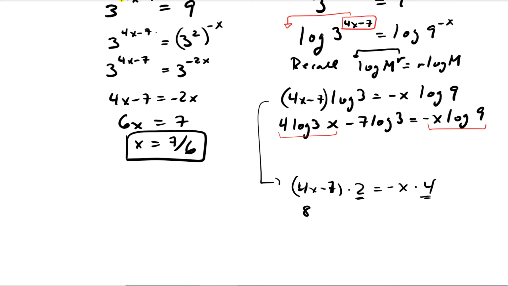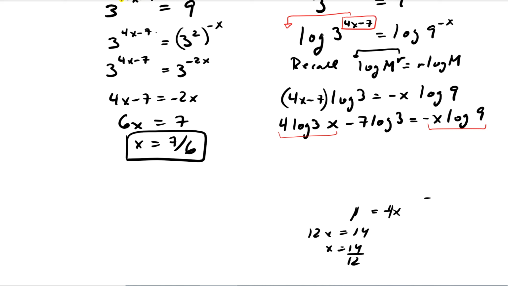So how do we solve for x? We would multiply out the left-hand side, and then group the x's together, send the 14 on the other side, and divide by 12. So we're going to do exactly something like that, except that instead of having 2 and 4, we've got a log of 3 and a log of 9, but it's not any harder.